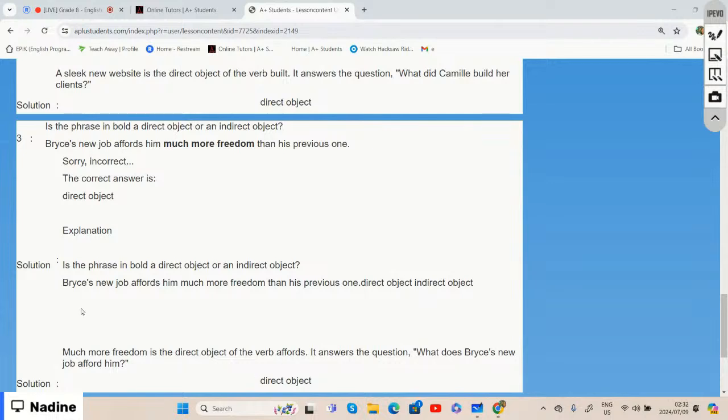And it says Bryce's new job affords him much more freedom than his previous one. So we need to say if the phrase in bold is a direct object or an indirect object.